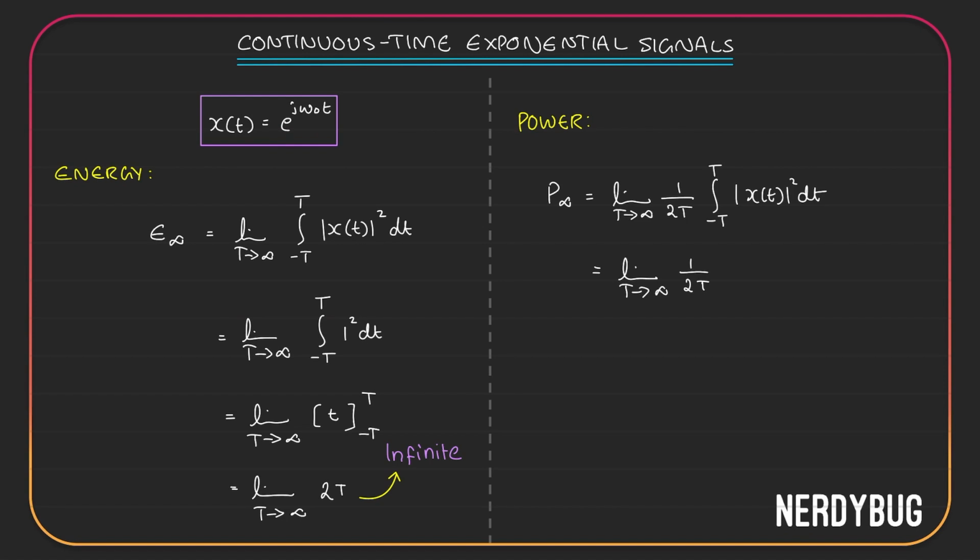So we get integral dt from minus T to T, that is t from minus T to T, limit T tends to infinity, 1 by 2T, T minus minus T is again 2T. So we get limit T tends to infinity 1. Now T being infinity doesn't have anything to do with 1. 1 is a constant. So this value is 1.